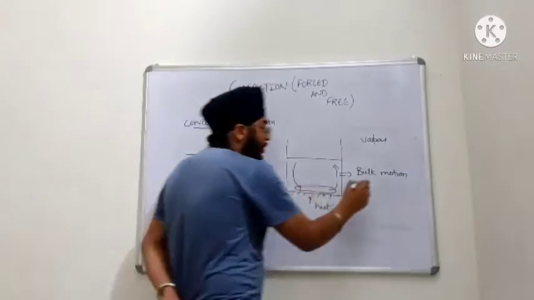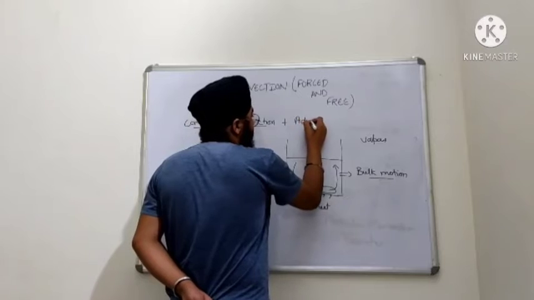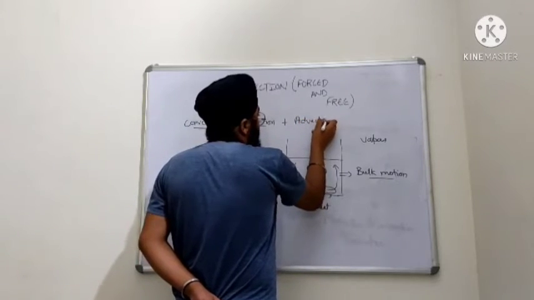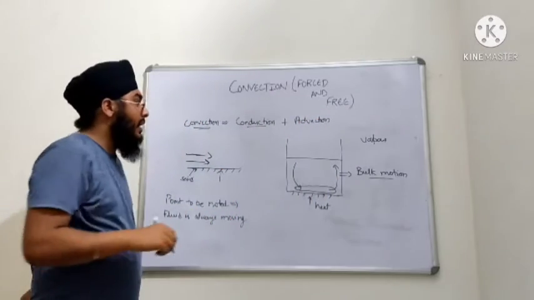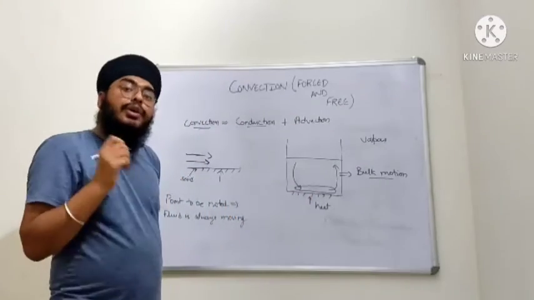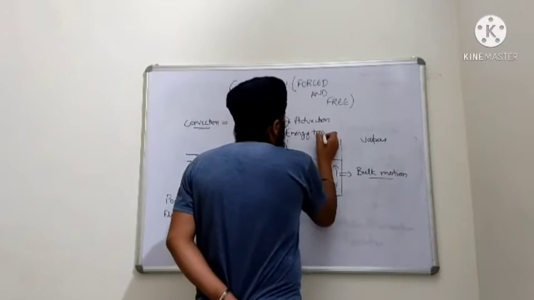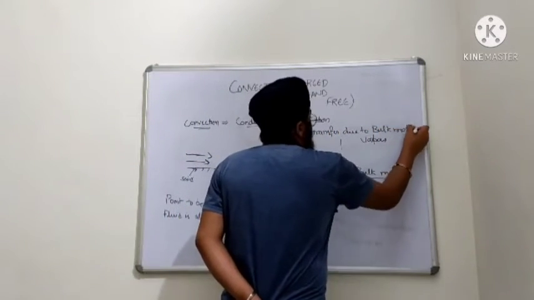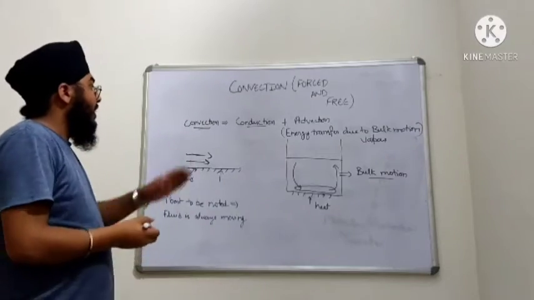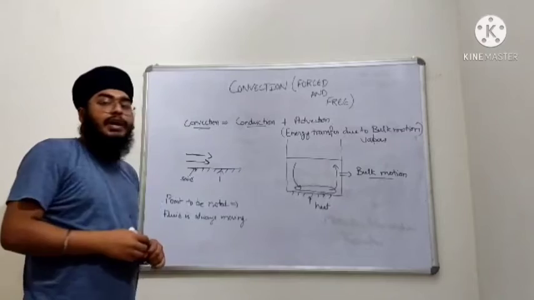So there is a bulk motion due to energy transfer, which is basically called advection. So advection is nothing but energy transfer due to bulk motion of particles. So convection is nothing but conduction and advection.